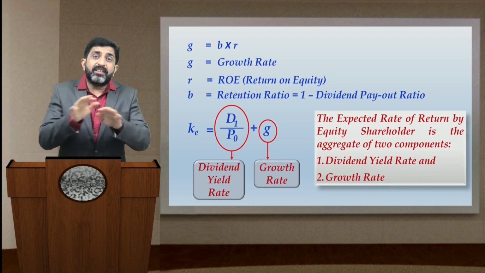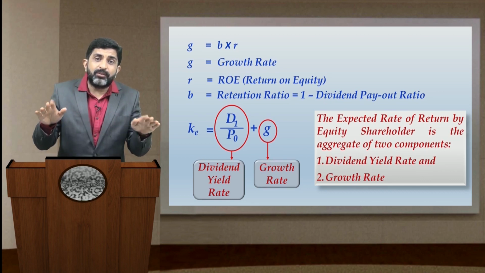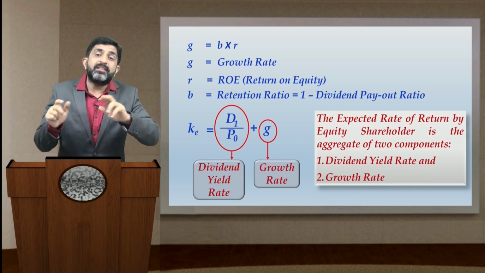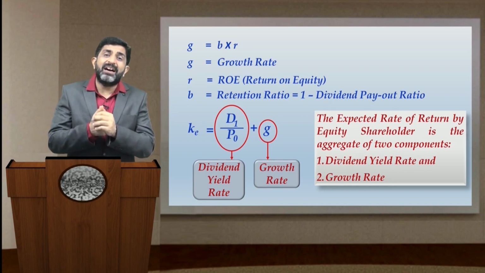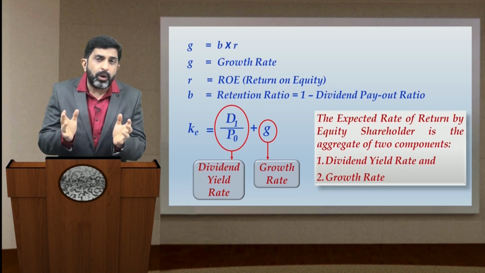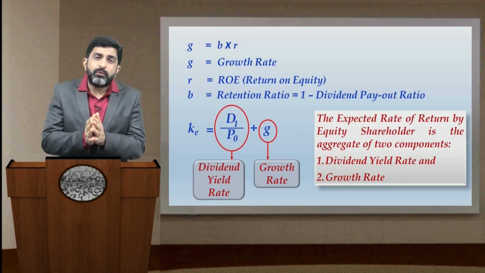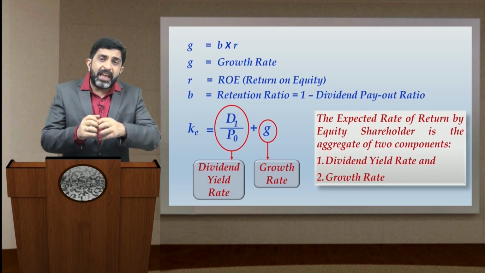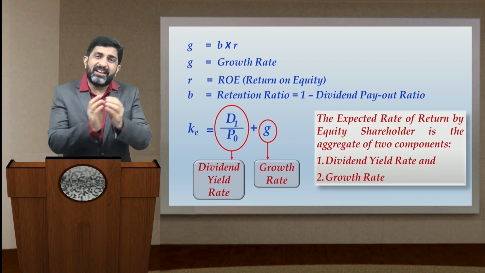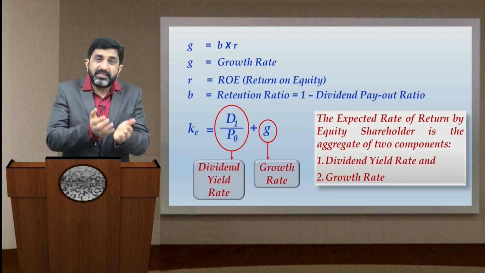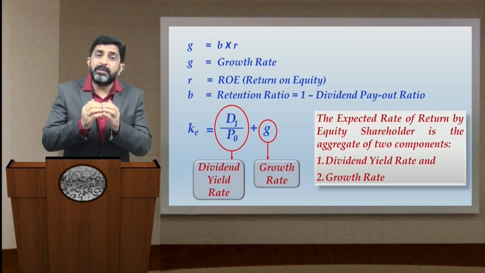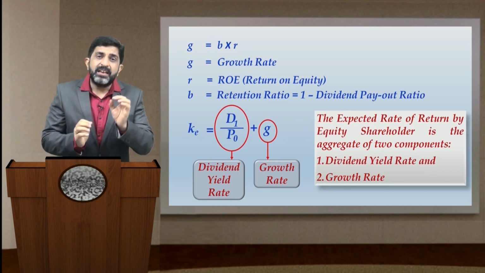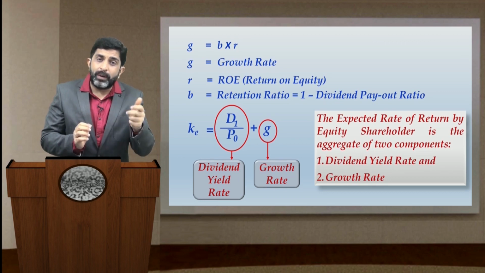So if there are no retained earnings, what will happen? There will be zero growth. Just imagine if the company distributes the entire earnings by way of dividend. In the hands of equity shareholders, whatever money goes is the entire earnings of the company, which means the company has not retained anything. Then the retention ratio will be zero.